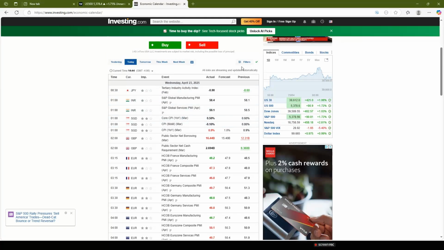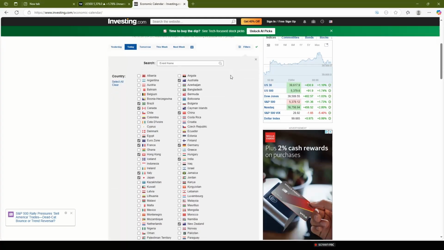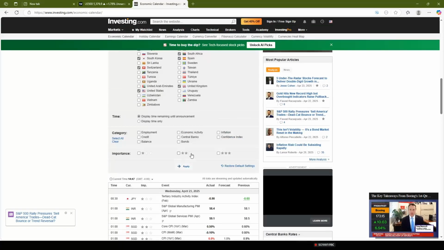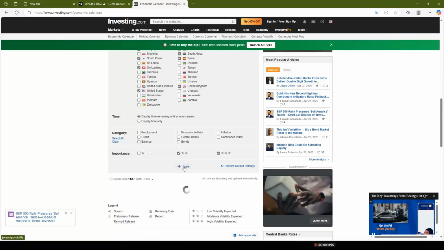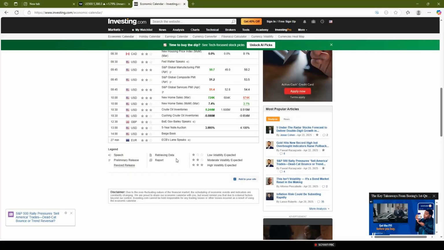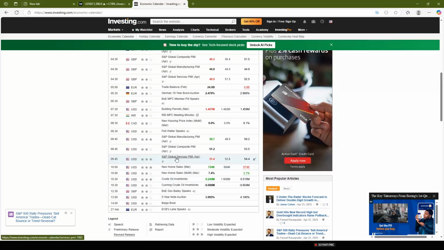So what I'll do normally is go over to filters, and I will scroll down to where you see the 2 stars and the 3 stars, right? And then I'll click apply, and that will filter out any of the non-pertinent news.